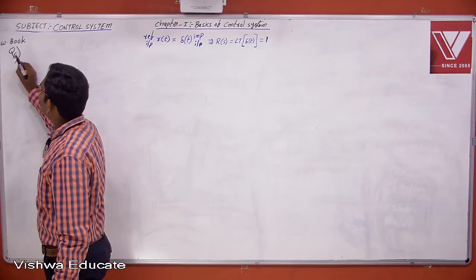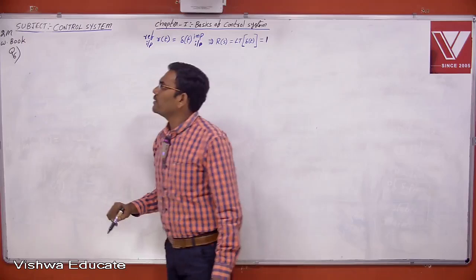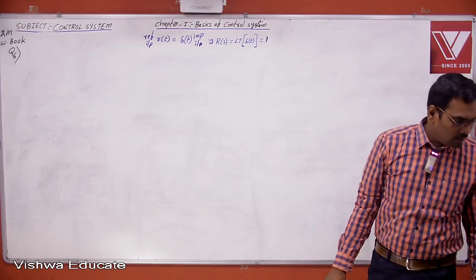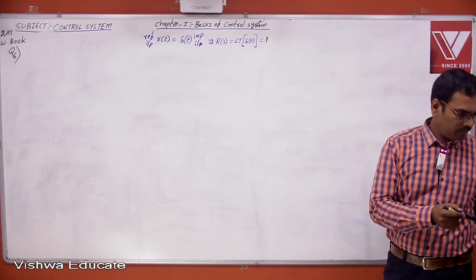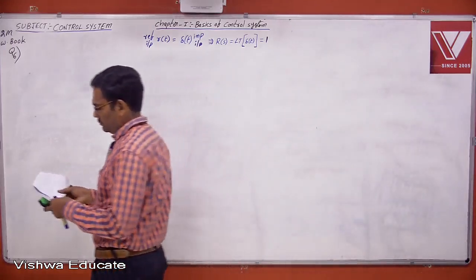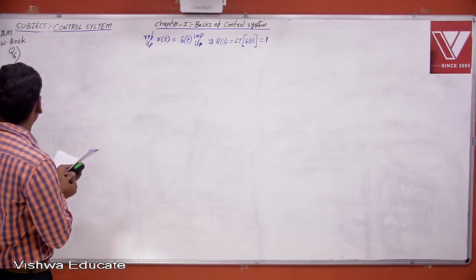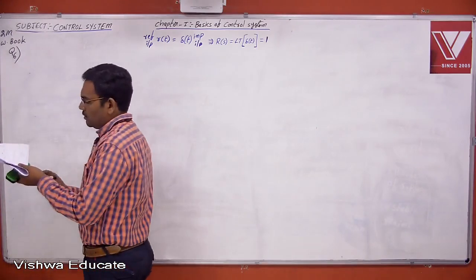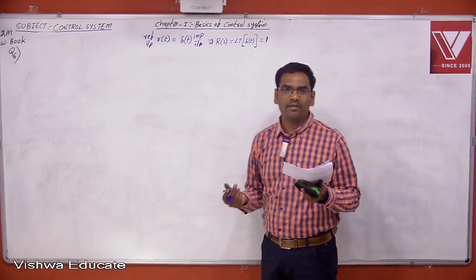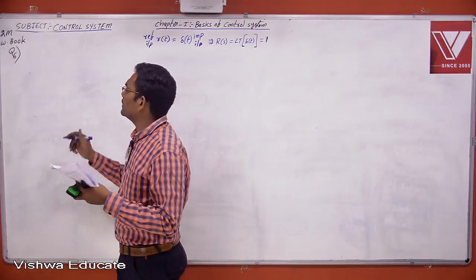This is a 2 marks question, a previous GATE 2 marks question, which is very simple. It is only based on the basics of the time constant definition. You just observe this question.